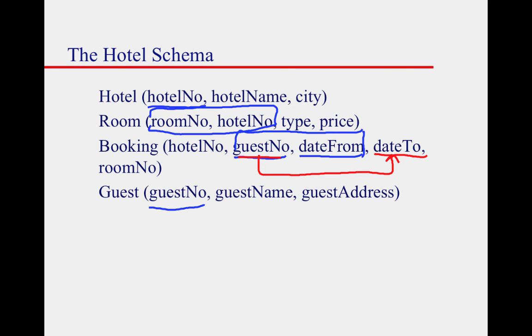Does our hotel chain not allow things like conventions, where you book an entire floor under one name? Yep, for the time being. I had to make certain assumptions for your homework. Actually, I didn't make these assumptions, the book makes these assumptions.